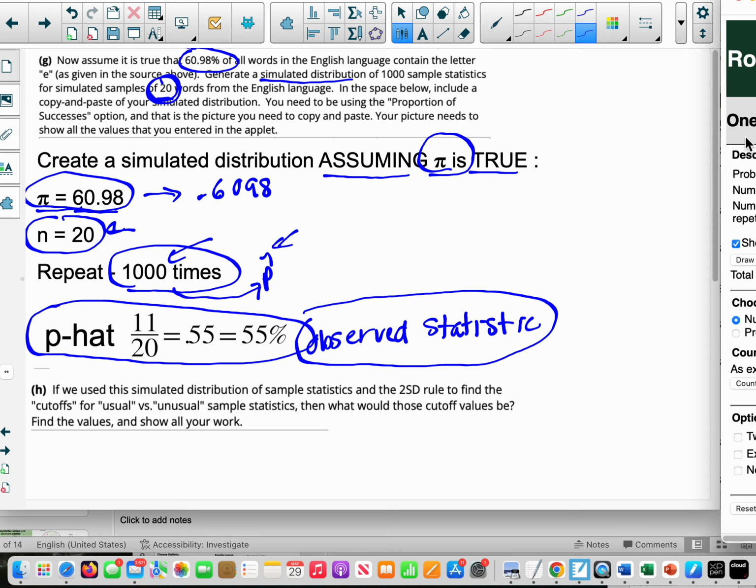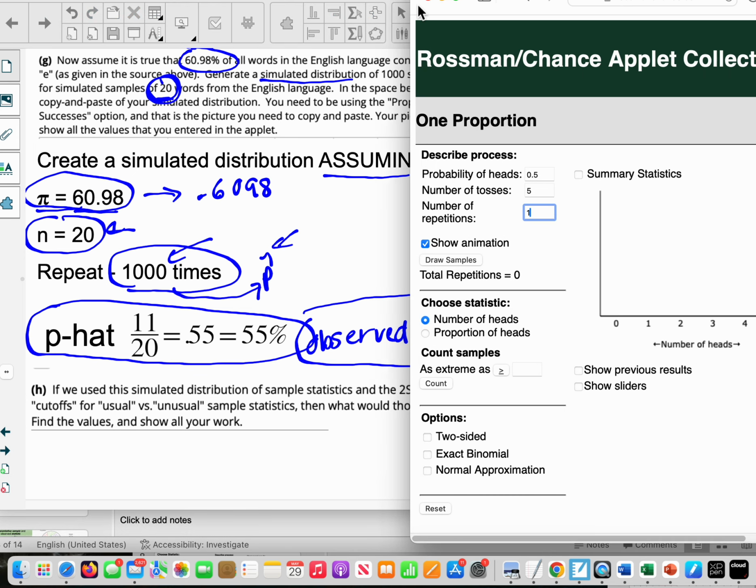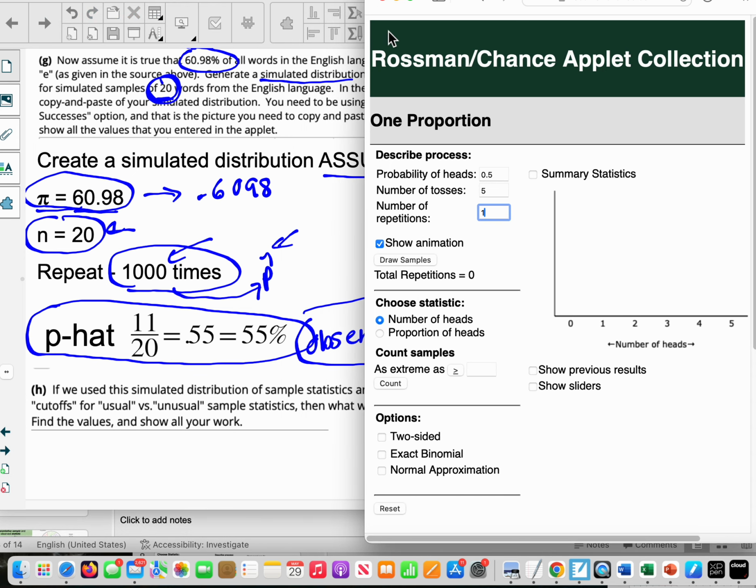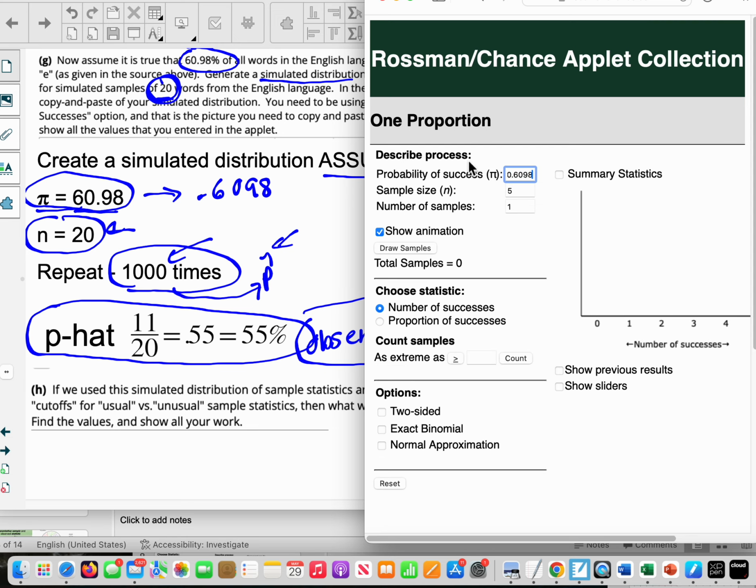So let me pull up Rossmann-Chance here, and I'll show you how we enter the information. When I pull up the one proportion applet, it always starts off with showing probability of heads. I'm always going to put my pi in here, 0.6098. And when I hit enter, you can see that it changes the heading here to show that that's a pi or a proportion. My next input is the sample size, n.